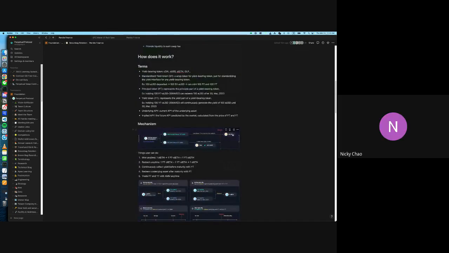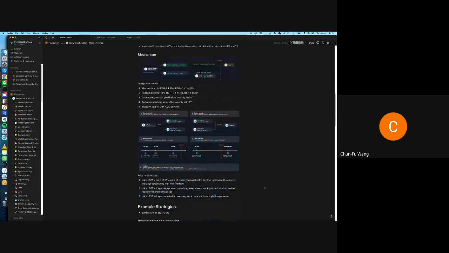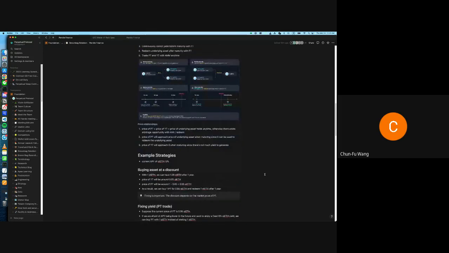You can actually redeem the underlying assets with only PT. If you have PT after maturity, you can directly redeem the underlying assets because it represents the principal of the investment. So you don't need the YT token here. Okay, only after maturity. And this redeem is different from the redeem before maturity, because you can do that at any time. If you want to redeem one stETH before maturity, you need to buy one YT token from the market. Yeah, that makes sense. Thanks.